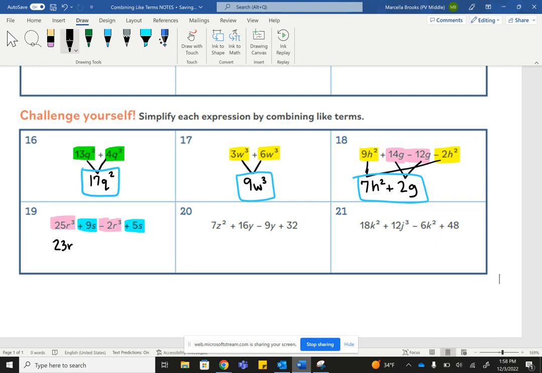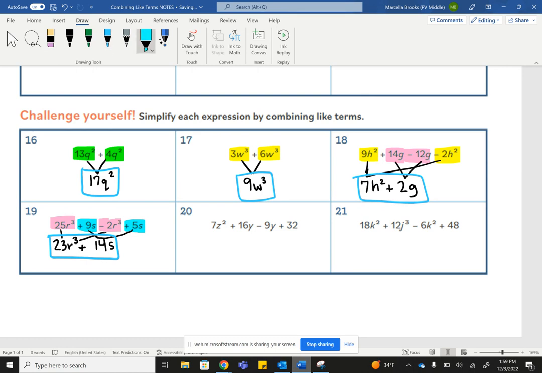Not a 2, it's a 3. So that's where I got that. And then 9 plus 5 is 14, so it's going to be 14s. So what we end up with is 23r cubed plus 14s.